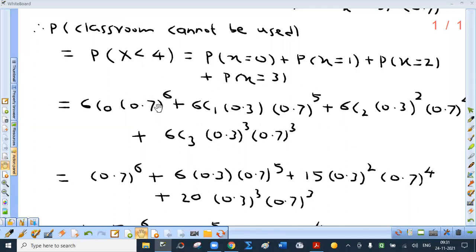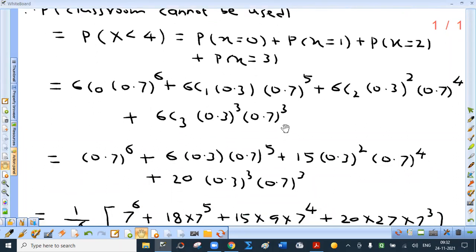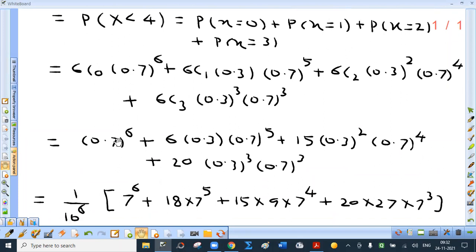So substitute the values. 6C0 is 1, 6C1 is 6, 6C2 is 15, 6C3 is 20. See, 0.7 is 7 by 10, 0.3 is 3 by 10. So in each term, 10 raised to 6 is present. That is why I have taken 10 raised to 6 common from denominator.